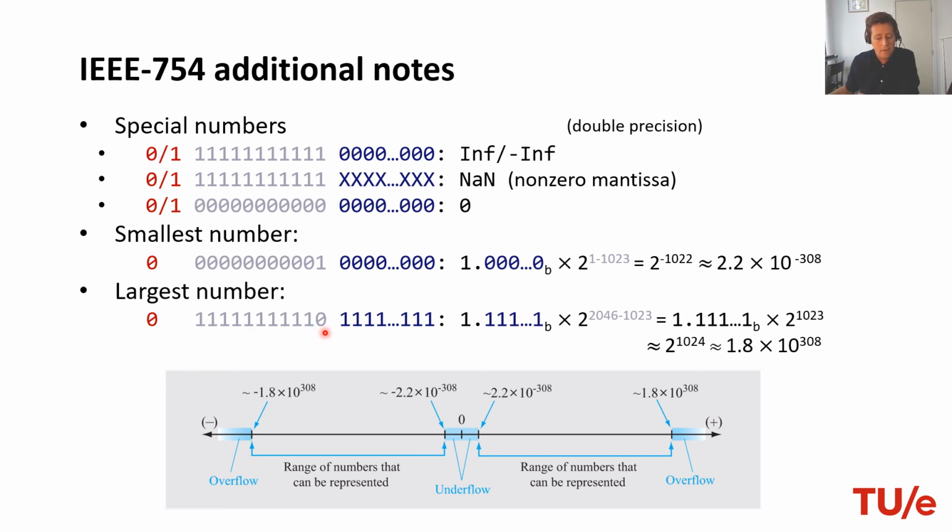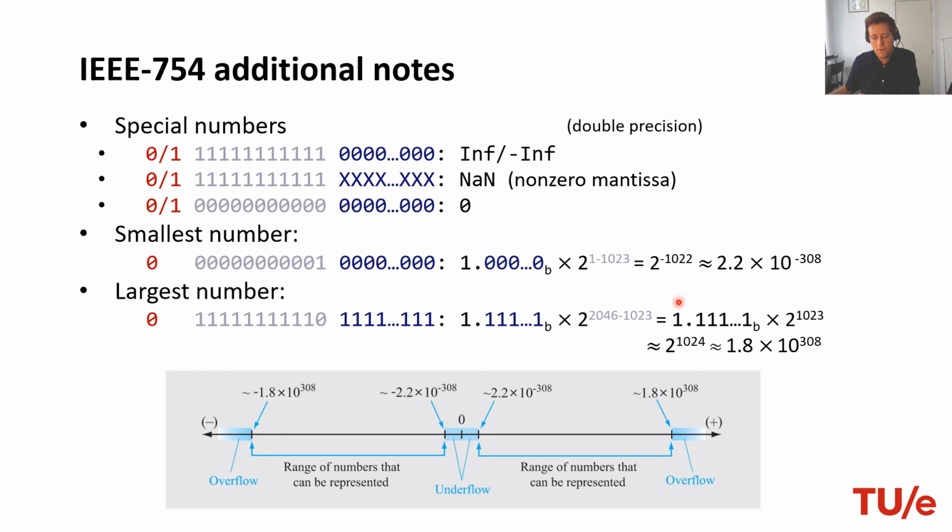And to that we add simply a full mantissa of 53 bits with all ones. So this would be 1.11111, etc., 1 times 2. Now this number converted into decimal is 2046. Subtracting the bias gives us this number.